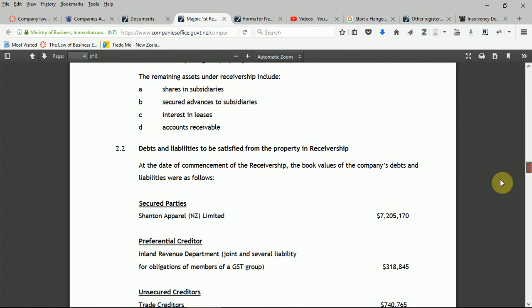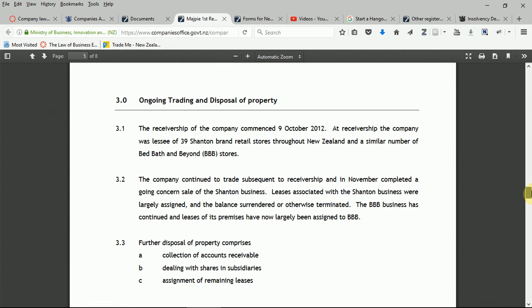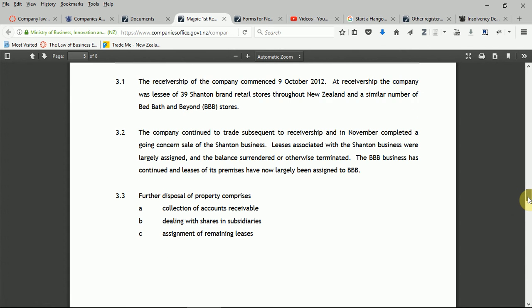So secured parties, the parent company, which is loan money, it's 7.2 million there. Preferential creditors and unsecured trade creditors. So these are all debts. So this is what they're doing. They're collecting accounts receivable, dealing with shares and subsidiaries, because if the company in receivership owns other companies, that's an asset.